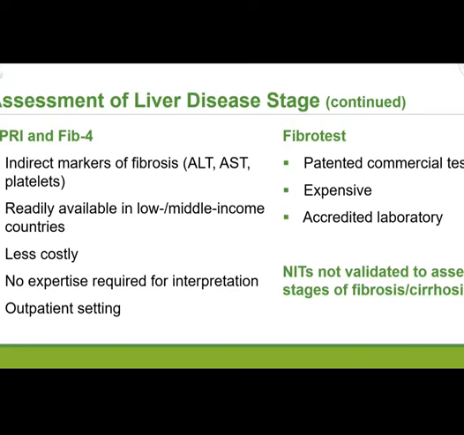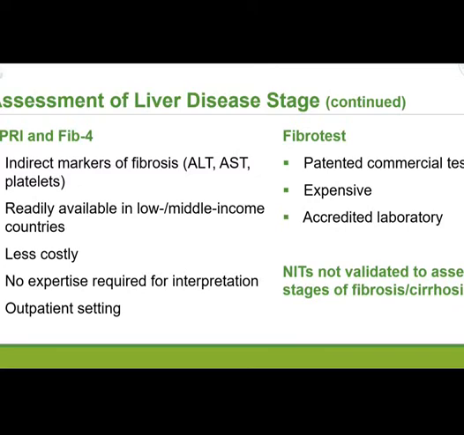APRI and FIB4, these are indirect markers of fibrosis using ALT, AST, and platelet. They are readily available in low or middle income countries. They are less costly and no expertise is required for interpretation. You can do it in an outpatient settings.